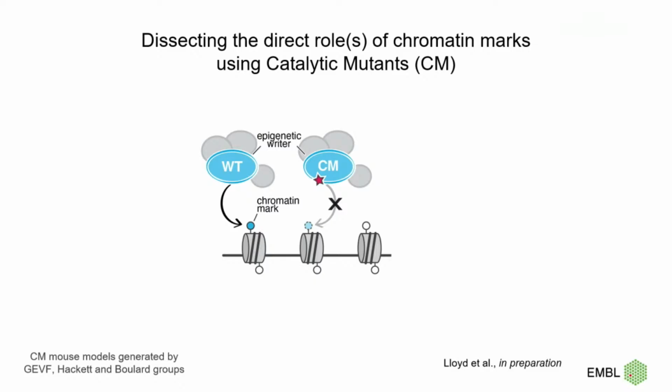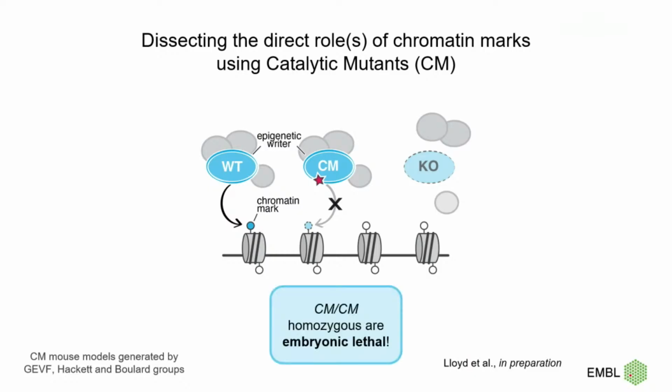And this is quite distinct from a knockout model in which the protein is removed altogether, and therefore the phenotype is due to loss of the protein, loss of the mark, disassembly of the complex, and so on and so forth. So this is a really powerful system to dissect the functional roles of chromatin marks. But the problem is that in homozygosis, catalytic mutants are embryonic lethal.